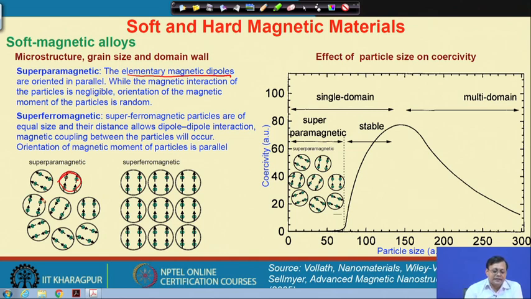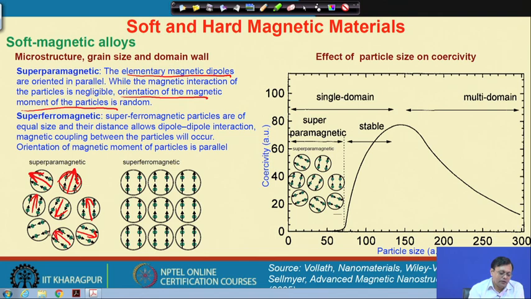Okay. So, in that case the atomic or elementary dipoles are oriented along the same direction, however, the orientation of the magnetic moment of the particles is random. So, here if I draw a net moment of a particle, then they are oriented in a paramagnetic nature. Okay.